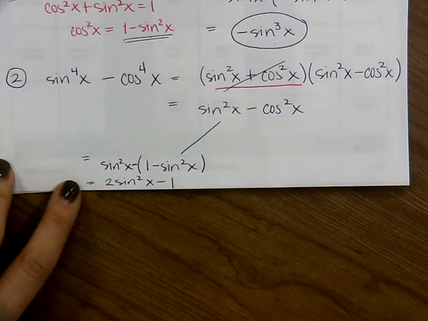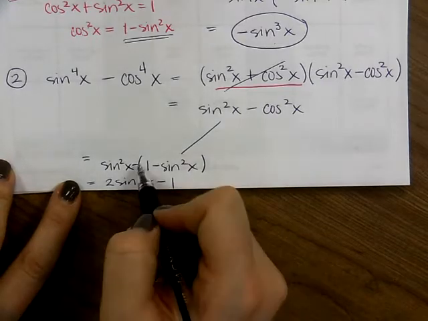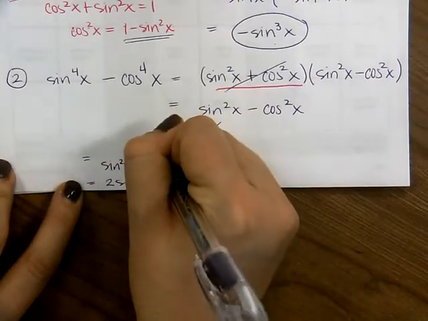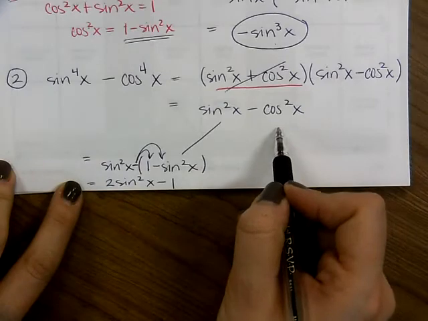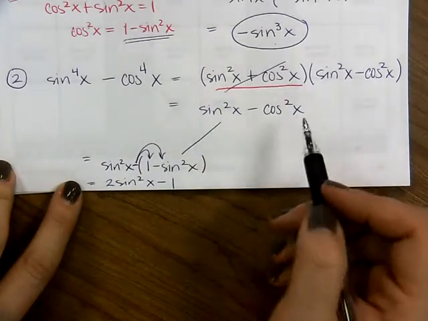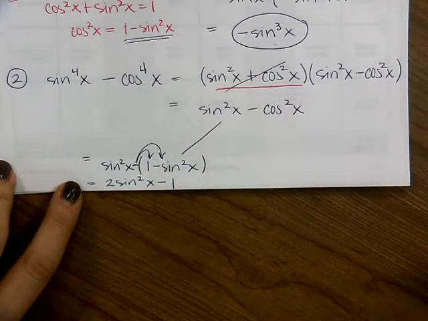Could I have done something else? I'm talking about here. Could I go back to the step I was just on previous? Could I have approached it differently?